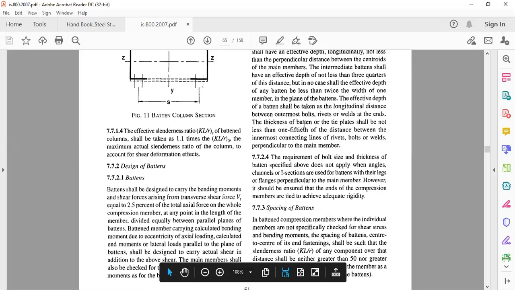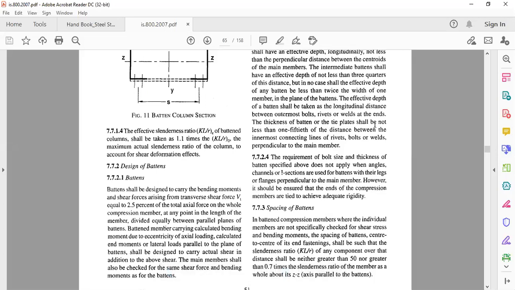Similarly, the thickness of the batten or tie plates shall be not less than 1/50th of the distance between the innermost connecting lines of the rivets, bolts, or welds perpendicular to the main members. So the thickness of the batten shall not be less than 1 by 50 into that distance.